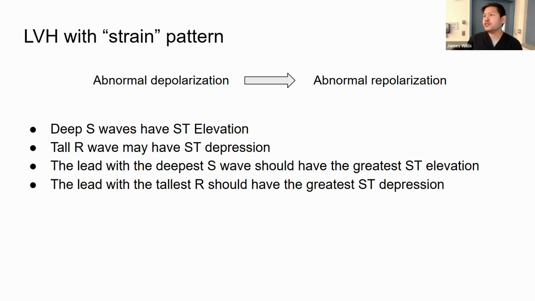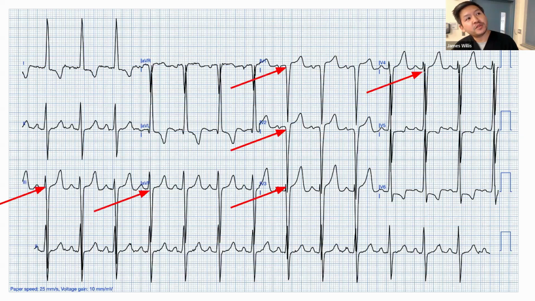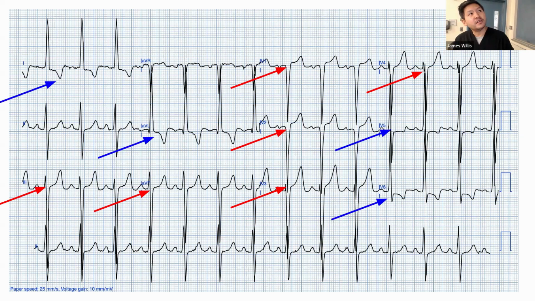And when those don't fit that pattern, that should raise some red flags. Here you see a lot of ST elevations, but they're all with really deep S waves. Here you can see ST depressions, but with really tall R waves. So my gut instinct here is this is probably LVH with repolarization abnormalities and not a ST elevation MI.